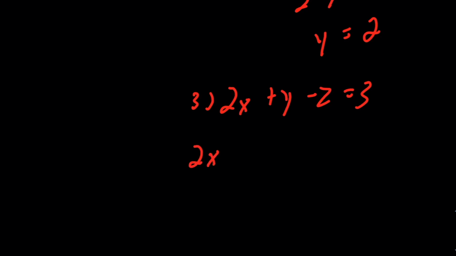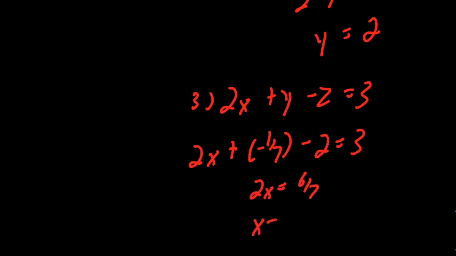So let's just solve for x. We know that y was negative 1/7 and z was 2. Add like terms and then divide by 2. And as a result, we get 2x equals 6/7. Divide by 2 on both sides, and we get 3/7.